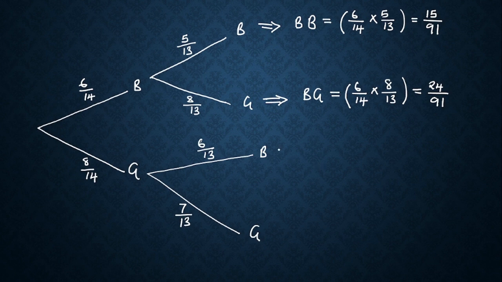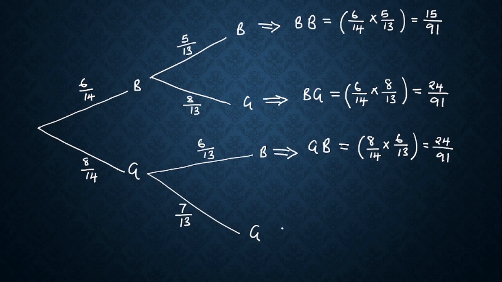Next, if you were to pick a girl then a boy, the probability of a girl is 8 over 14 in the first picking, then the boy from the second picking is 6 over 13. The probability will be 24 over 91.